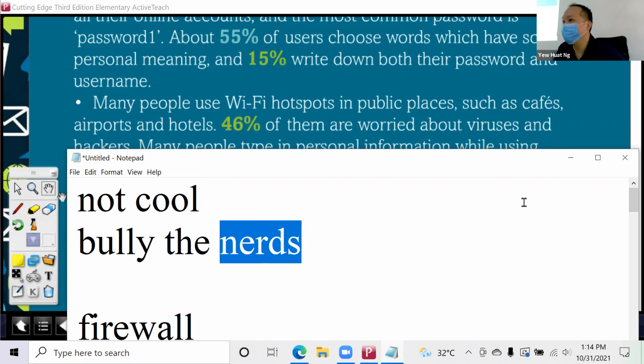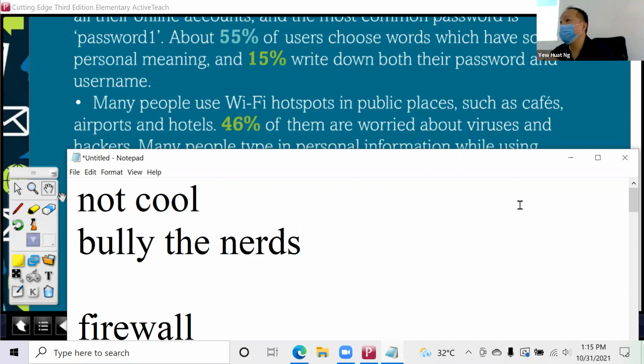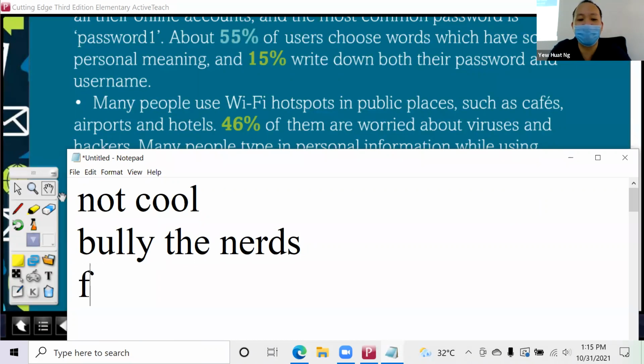They like to bully the nerds. That means the people who love to study, the people who love to play computer games, who love to read books like me. So we are nerds. And all these people, they like to bully the nerds because they are nerds. And for the nerds like us, we love to read, we love to play computer games, and we love to play book games. So usually in all these book games, some of the very scary things are called firewalls.